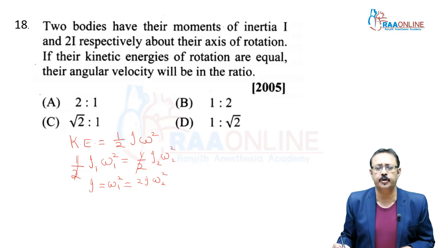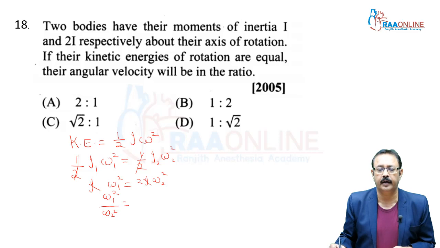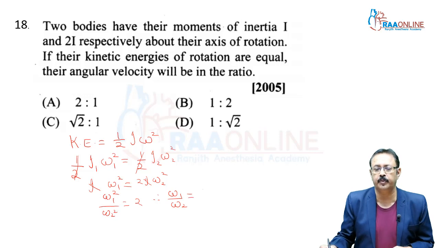So what should be the ratio of omega 1 and omega 2? Omega 1 upon omega 2, cancel I with I. We are getting 2. So omega 1 by omega 2 should be root 2 is to 1. So very easily we got this answer C.